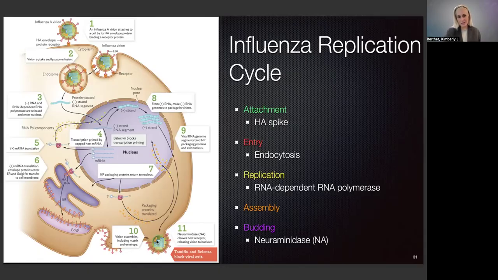So this viral infection stops here. It cannot keep releasing viruses into the surrounding environment to affect other cells. And here we have neuraminidase, which is going to cleave the host cell receptor, releasing the virus bud out. So that's where our Tamiflu is directly blocking, that neuraminidase, the NA.